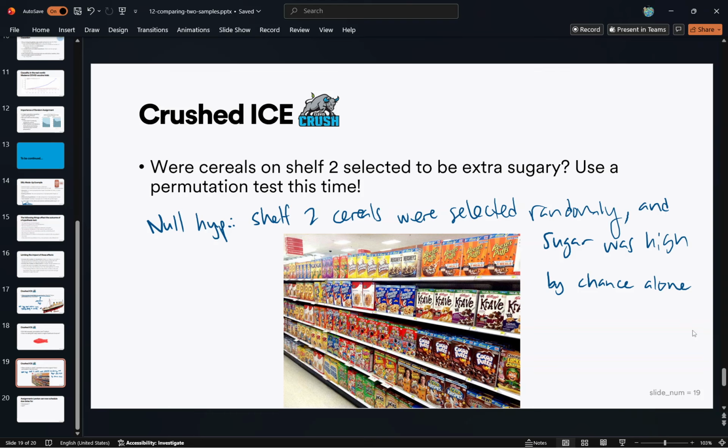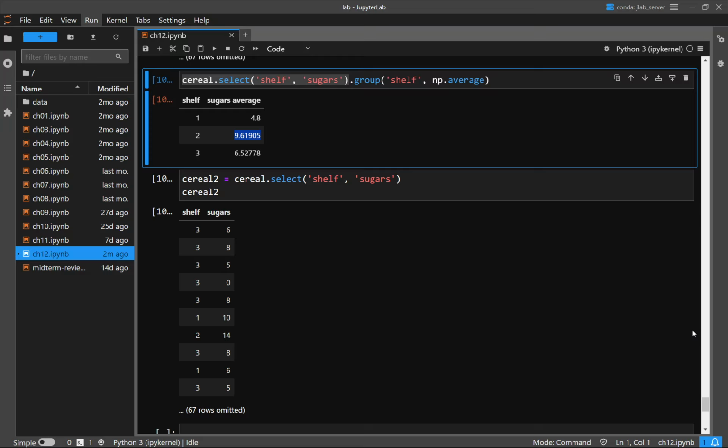Okay, so try to do the whole thing. I'll give you a few minutes to just try it, ask questions as you're doing it. But do you see how you might get all this? Read in the cereals table, do that shuffling. I'm giving you all this code from before. Do the shuffling, attach the new shuffled labels. Pick out the shelf 2 of the shuffled labels, right?